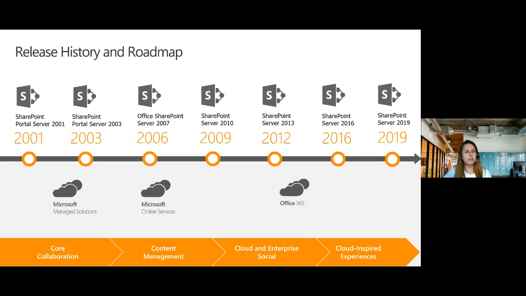Starting with 2003, Microsoft started to offer managed solutions in the cloud. 2006, online services, and from 2012, Office 365. And the UI of SharePoint has changed a lot since 2012. Now in the server versions we're already at SharePoint Server 2019, and in Office 365 we always get all new updates regarding all the features in Office 365 and SharePoint.